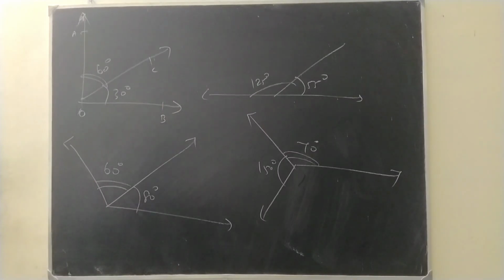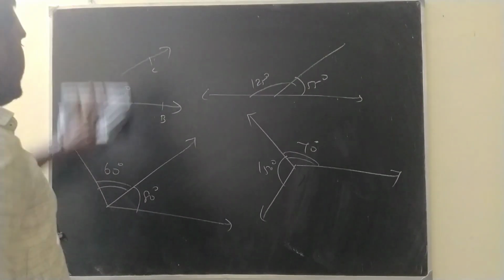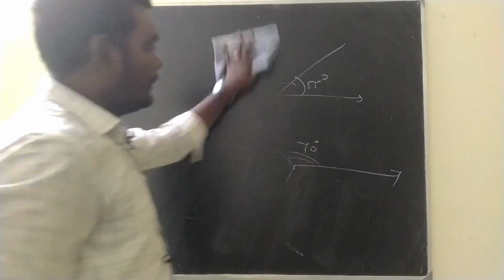So that gives us the axiom 6.2. What is there in the axiom 6.2?